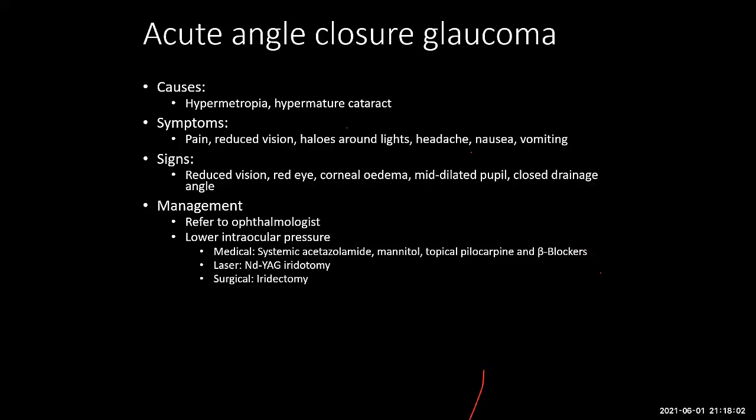We make a hole at the periphery of the iris, thereby short-circuiting the aqueous from the posterior chamber to the anterior chamber, so that the passage through the pupil is bypassed, and that helps in opening up the angle once we make this tiny hole. And this can sometimes fail, in which case we plan surgical iridotomy.